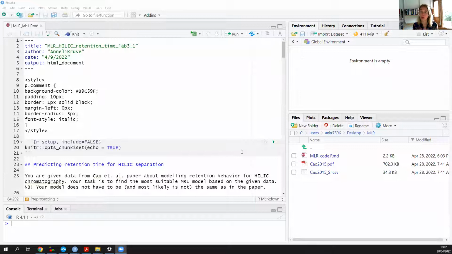And we are going to give you at the beginning of each laboratory a starting R Markdown file, which contains a specific starting scaffold of the code that you will be using.